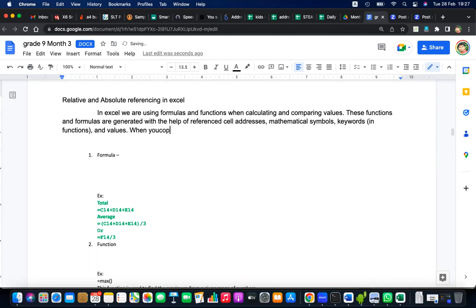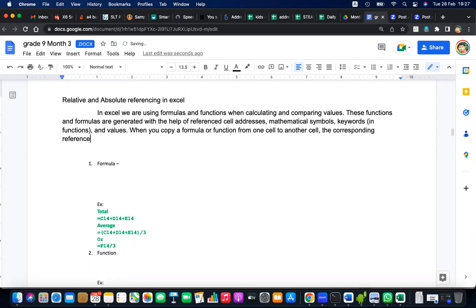When you copy a formula or function from one cell to another cell, the corresponding referenced cells will also change.